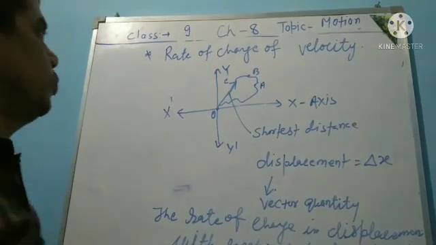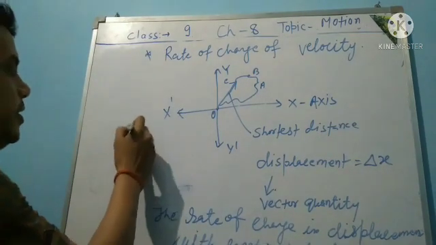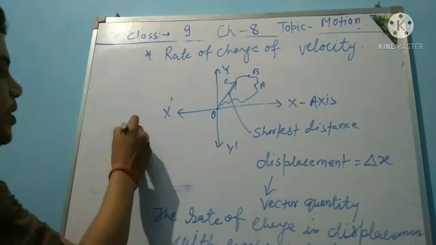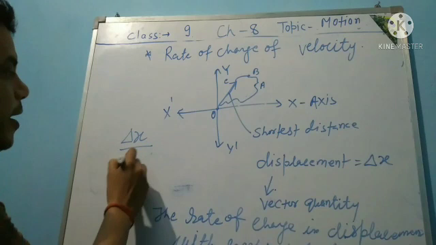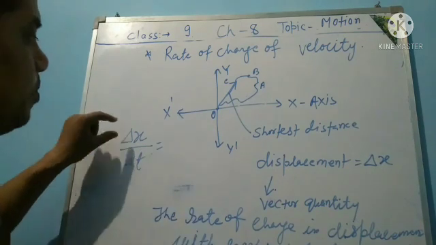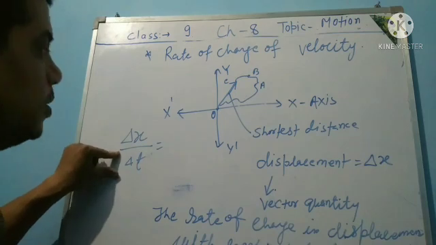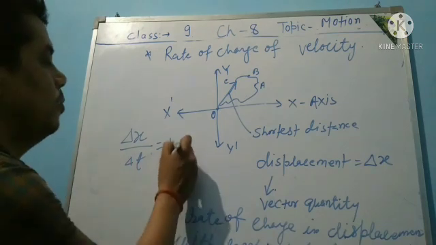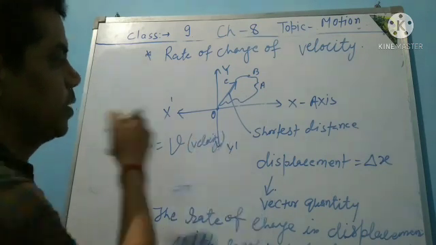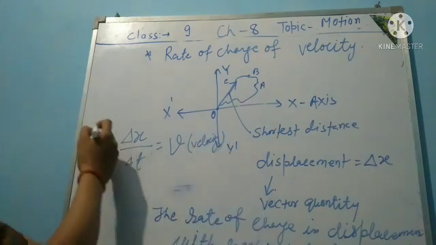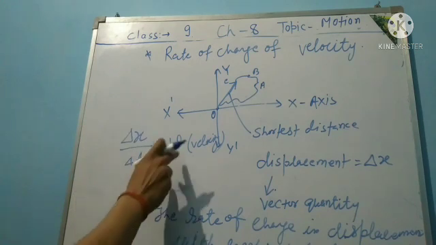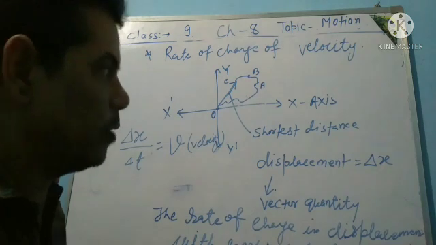Means I say to that is the rate of change in displacement, means del x by del t, that is rate of change in displacement with respect to time, that is equal to velocity. It is denoted by v.